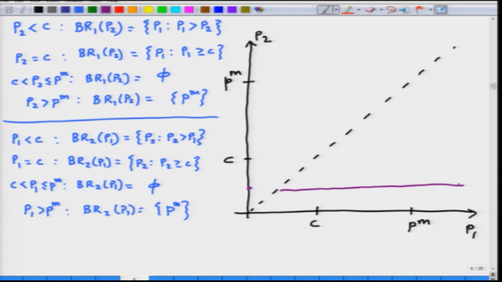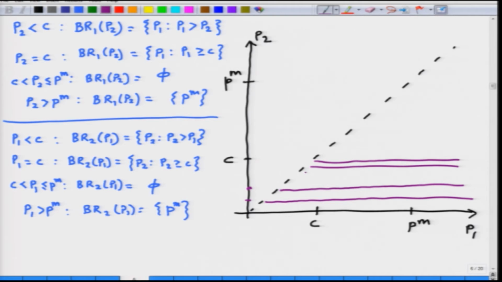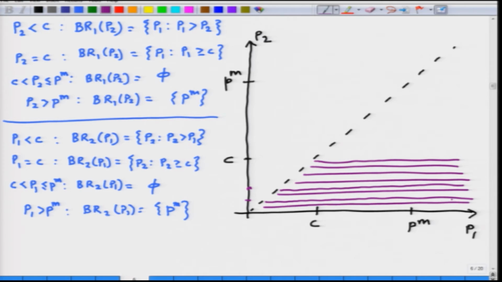Similarly, if firm 2 were to choose a P2 which is here, then firm 1 wants to choose a price strictly larger than firm 2's price, somewhere here, all the way until C. If I were to draw this entire thing, I would get this entire set of prices which denotes the best response of firm 1. Notice it does not include the 45-degree line, but any price P1 which is strictly larger than P2 is a best response for firm 1.